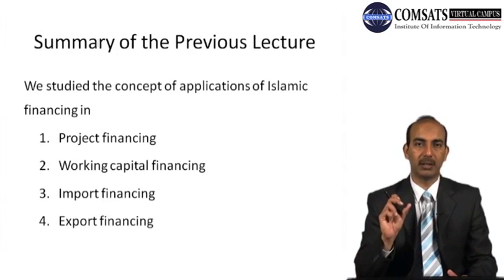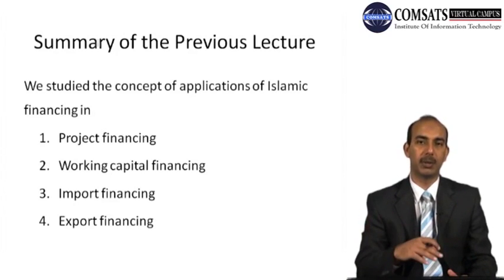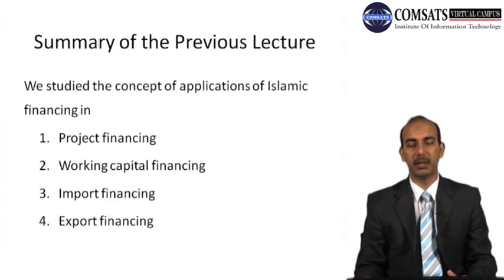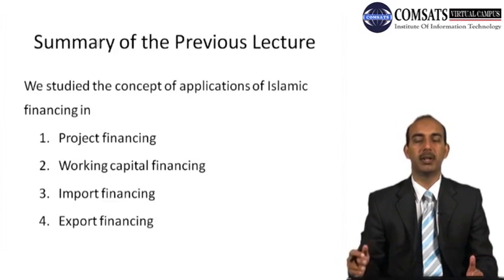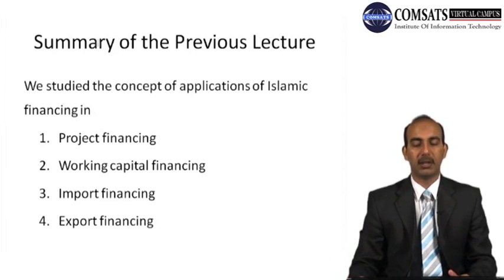The outstanding balance, which is a kind of investment from the bank into that musharka venture, will determine the capital contribution by the bank, and the daily profits will be calculated based on the outstanding capital.